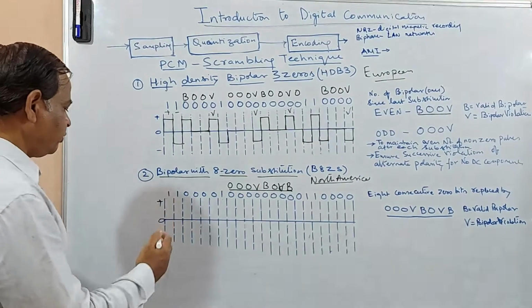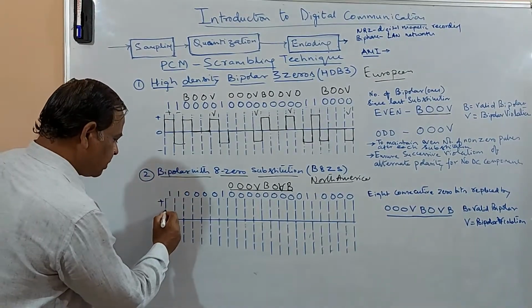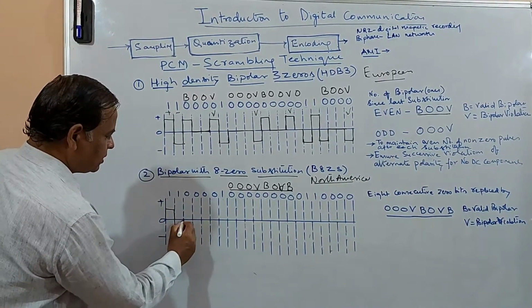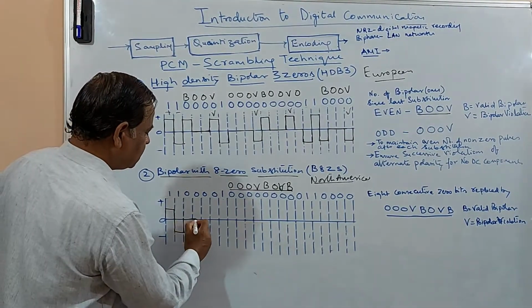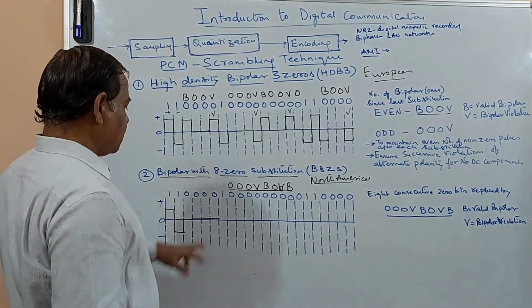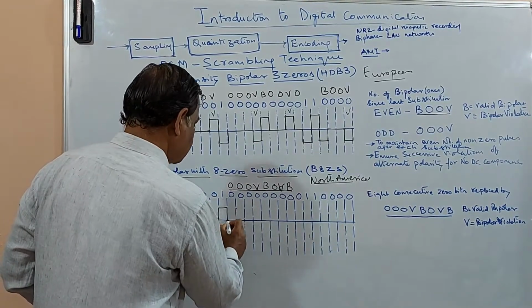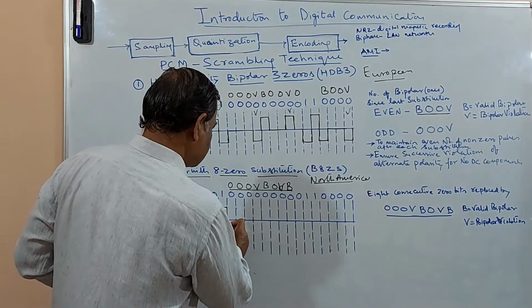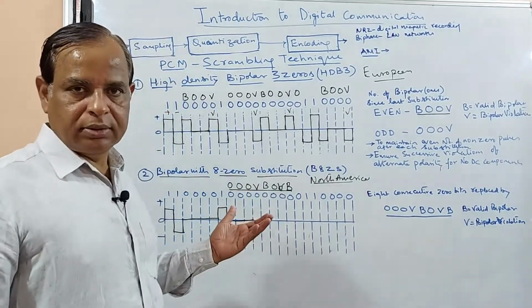Now if you are drawing the pulses, again assume the previous one is positive here. As per AMI, this is negative. For the 4 zeros, you cannot do anything; it continues. Now as per AMI, this is positive. Now it is replaced with 3 zeros, and now you have to violate.